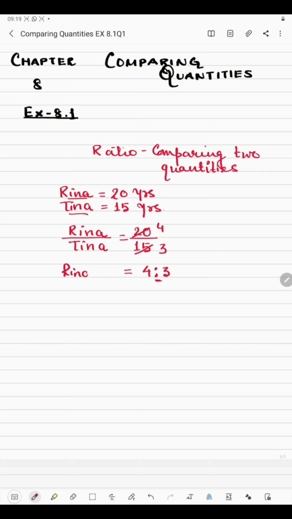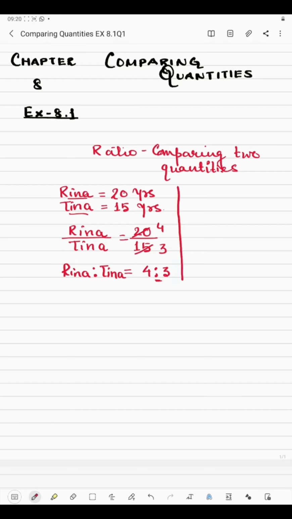This is the symbol of ratio. Here I have not written years because when we divide, the years will cancel. So we can write 20 by 15.